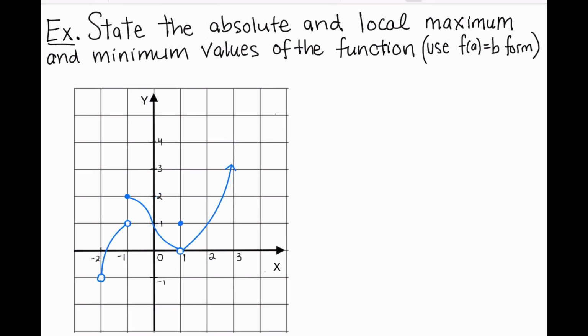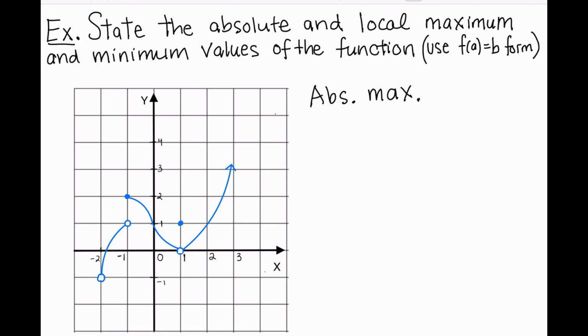Okay, so we're going to do another example where we state the absolute and the local maximum and minimum values of the function using this notation. Let's start with looking for the absolute or global maximum value of the function.